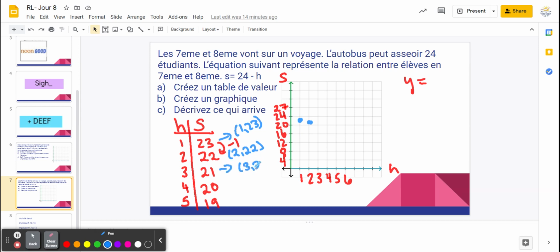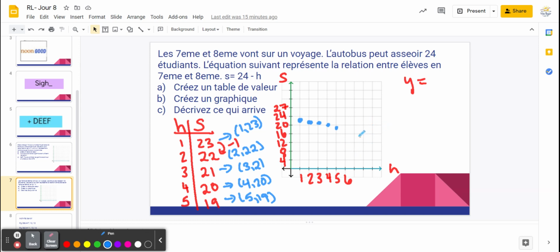Okay, (3, 21). Well, that's right on the edge here. (4, 20). And then (5, 19). And you could keep going with this. But either way, it looks like we're forming a line, so that's great.